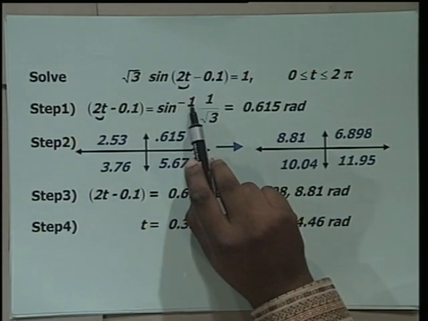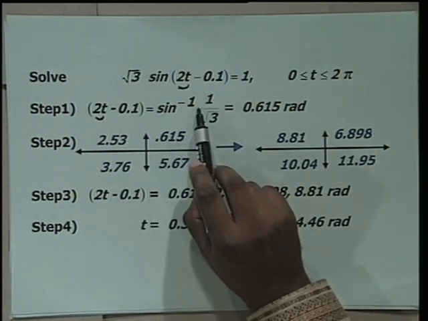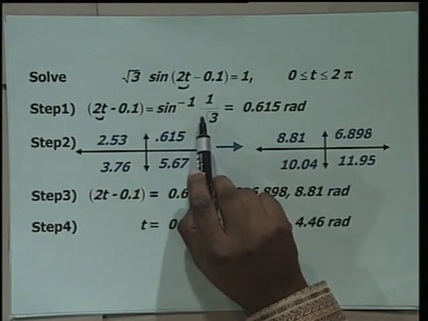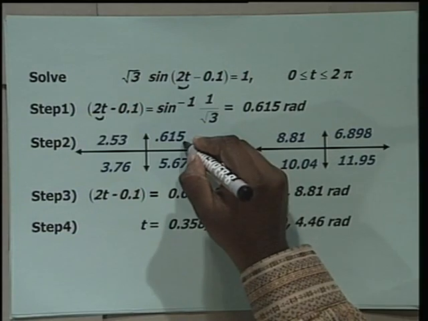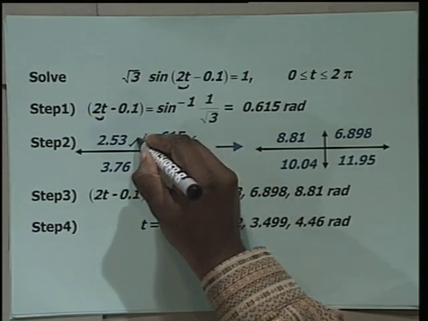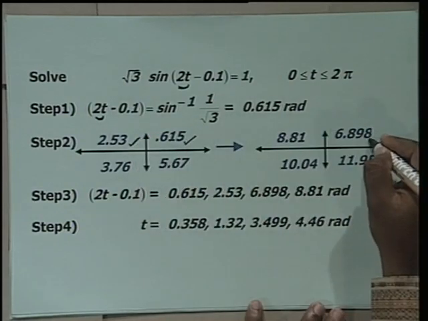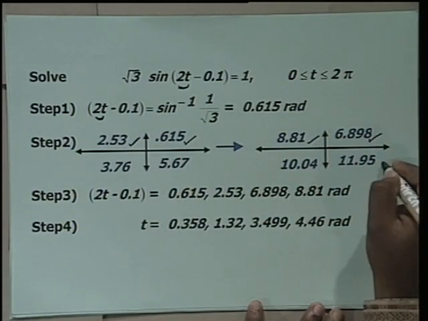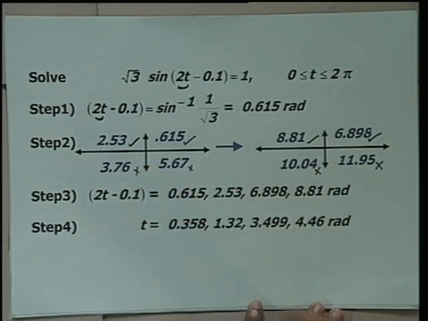And we are looking for sine inverse plus 1 over root 3. So we are looking for angles in those quadrants in which sine is positive. And you know that those are the first quadrant and the second quadrant. So we are going to take angles in the first and the second, and we are going to discard angles in the third and the fourth.